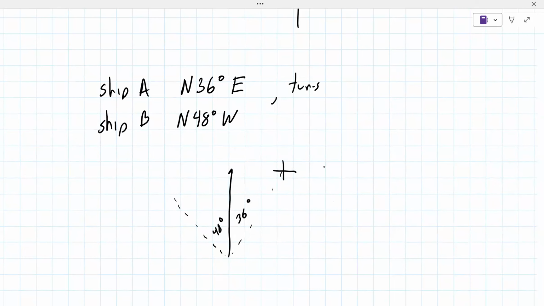Okay. And let's say we know that this is 20 and this is 25. Can you calculate the distance between them?